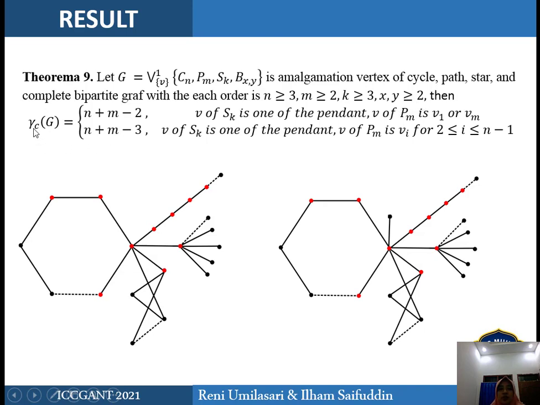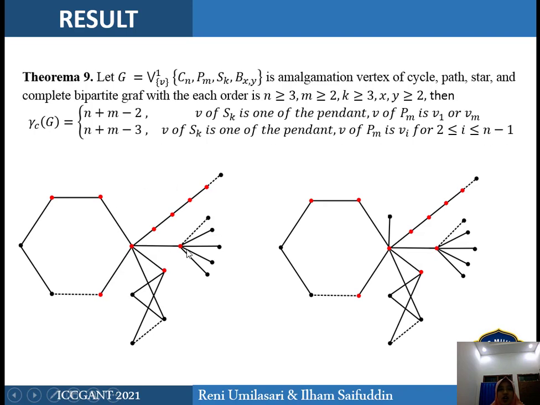Then the connected domination number of G is equal to n plus m minus 2 if v of Sk is one of the pendants and v of Pm is v1 or vm. And then it is equal to n plus m minus 3 if v of Sk is one of the pendants and v of Pm is vi for i more than or equal to 2 and less than or equal to m minus 1.